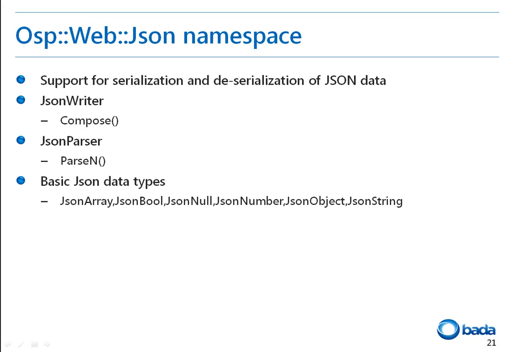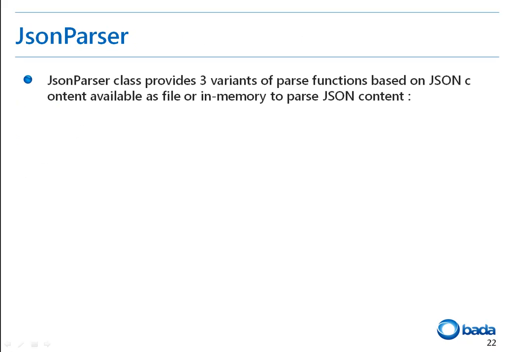Both these classes will be discussed in a bit more detail later on. In addition to the writer and parser classes, the JSON namespace also has some other classes for manipulating basic JSON data types, such as objects, arrays, integers, strings, bools, and null.